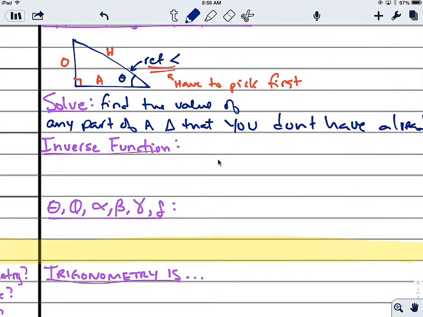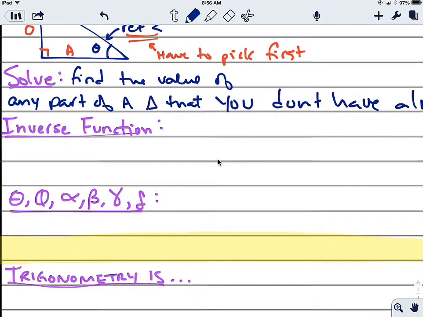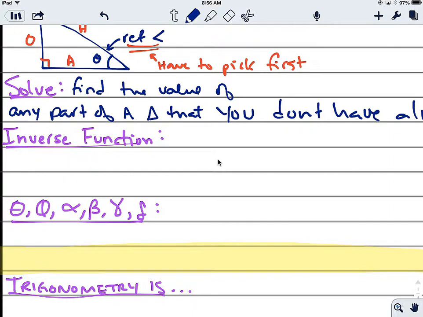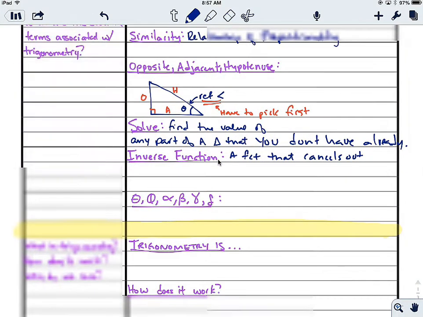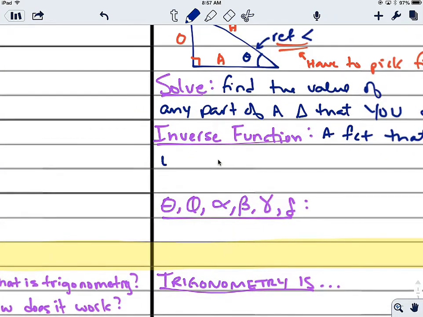Okay, so that's solve. Let's talk about inverse function. This is interesting because the definition is going to be simple, but the explanation is going to be a little more complicated. An inverse function is a function that cancels out or undoes a function.